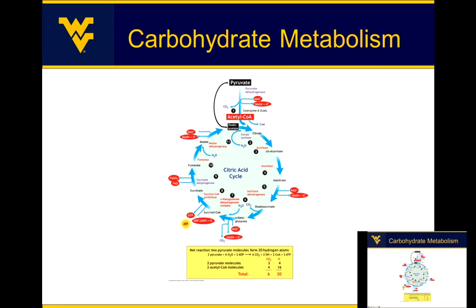One of the things is forming 1 ATP directly. Now it's a GTP, but energetically it's an ATP. But really what you're getting, notice at this step, at this step, and this step, you're spitting out pairs of hydrogens. Remember I talked about the importance of dehydrogenase enzymes. And you have these coenzymes that are part of these dehydrogenase enzymes, picking them up and ultimately taking them to the mitochondria.